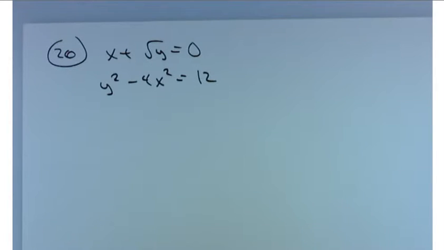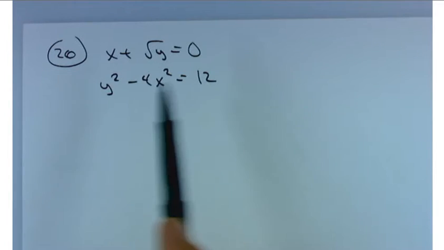What would you do for this one? Substitution or addition? I guess that's your first choice. Addition? Well, if you rearrange the second equation, make it negative 4x squared plus y squared equals 12. Couldn't you square the top one?